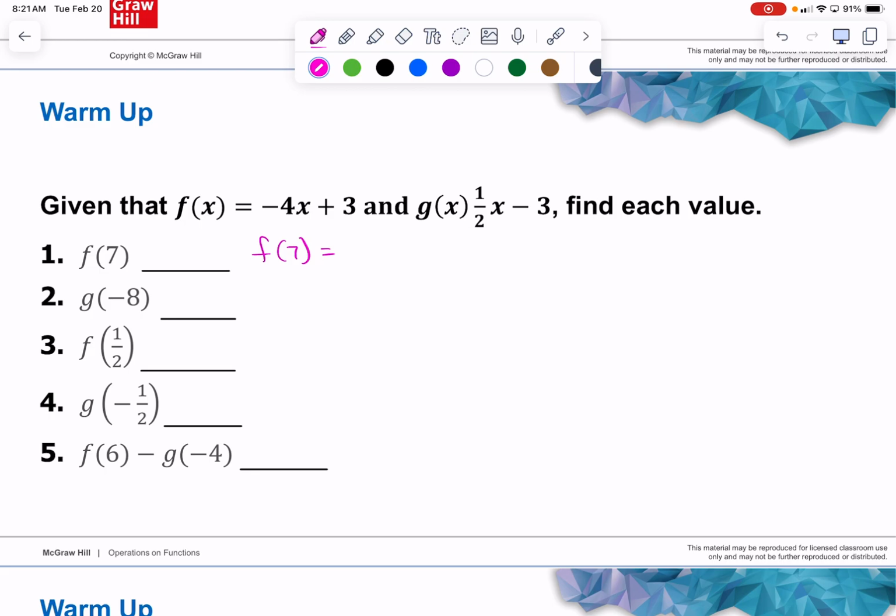Pardon? So if I'm looking at f of x equals negative 4x plus 3, and I want f of 7. She hasn't finished. Oh. Thank you, Jax. I couldn't hear what she was saying.